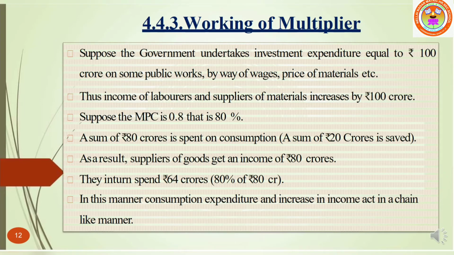Working of the multiplier. The multiplier works both forward and backward. First, we study its forward working. We first take the sequence analysis, which shows a motion picture of the process of income propagation.